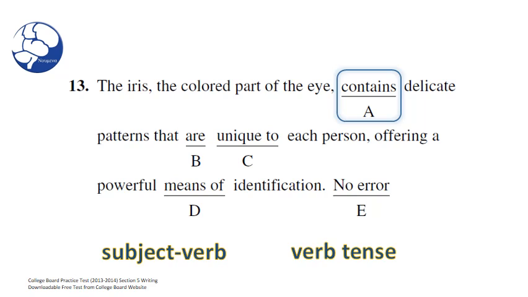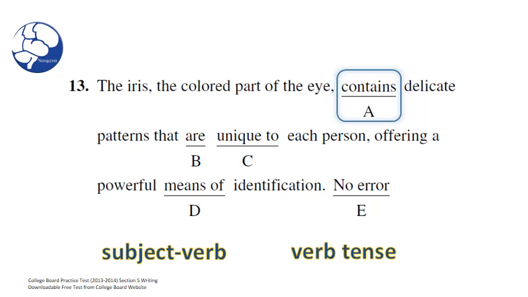So anytime we have a scientific statement or a statement of knowledge or some type of fact, we want to keep it in the simple present tense. So in this case, the iris contains delicate patterns seems to work. There's nothing wrong with this tense.